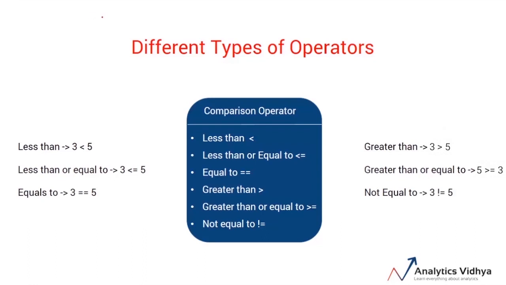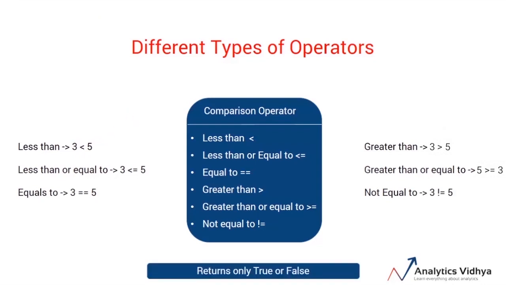For example, we can compare 3 and 5 and see whether 3 is less than 5. The thing to note about comparison operators is, they always return a true or false value. So when we check whether 3 is less than 5, it will return true, and if we check whether 3 is greater than 5, it will return false. So this was all about comparison operators.